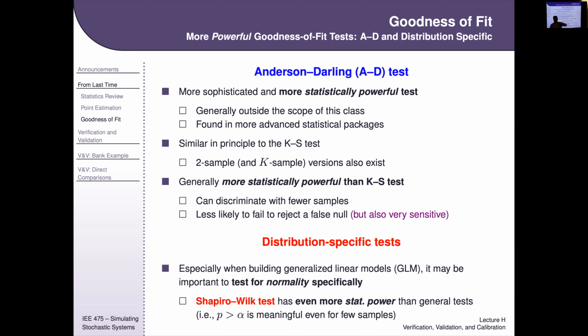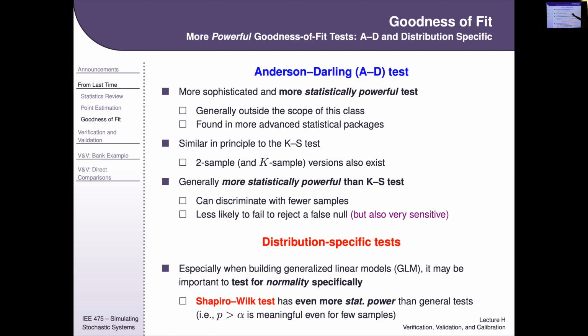So if you want to say these data are consistent with a distribution, you usually start with things like chi-squared and KS and Anderson-Darling. Anderson-Darling is a much better test than the rest of these if you can calculate it. And then if you really want to go for a particular distribution, you look for distribution specific tests. There are a bunch of times where you need to test for normality.